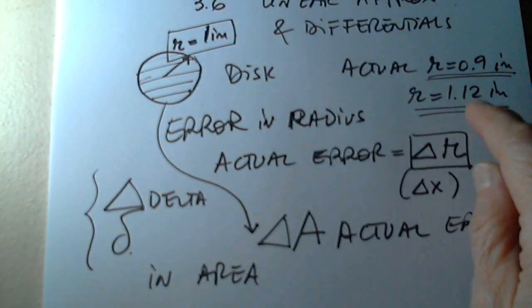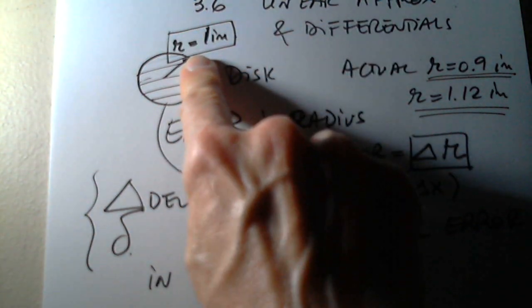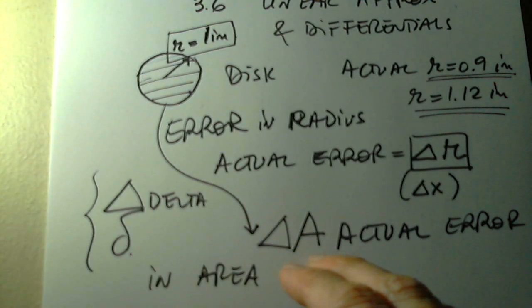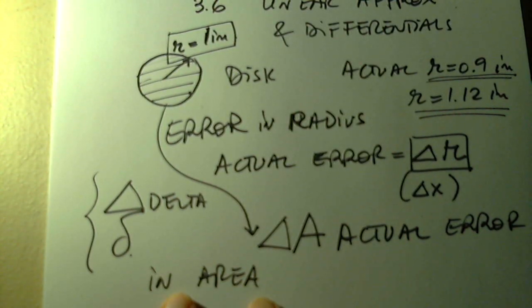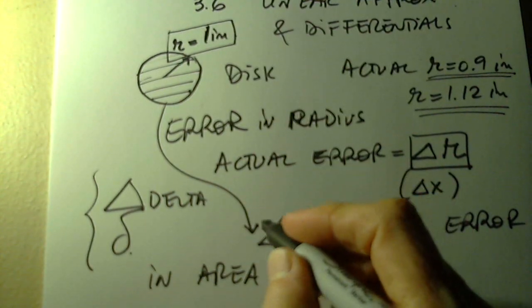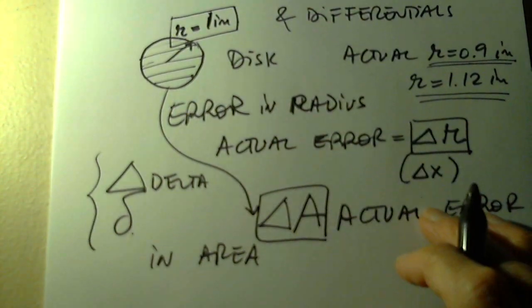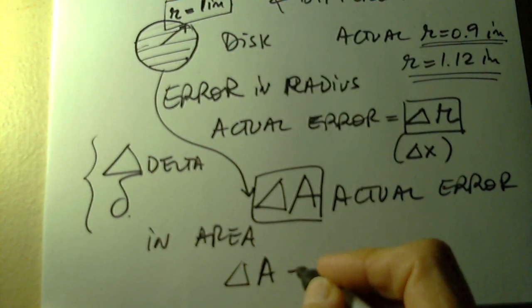So the error, the small error that I have in the radius triggered an actual error in the area. And this is called delta A. What does delta A equal to?